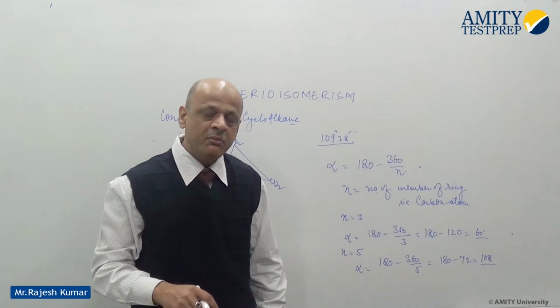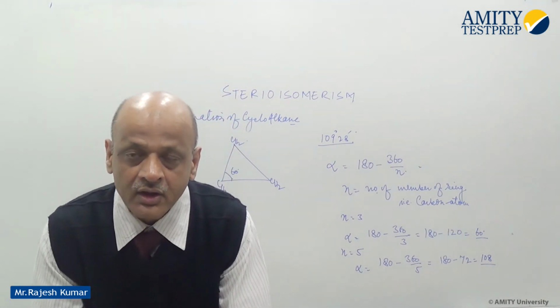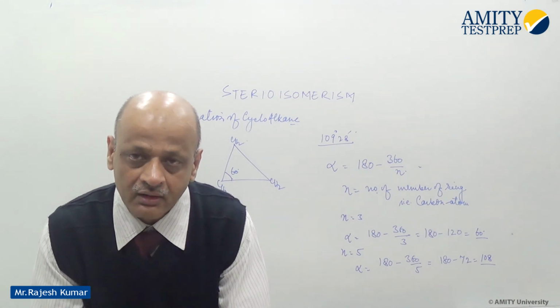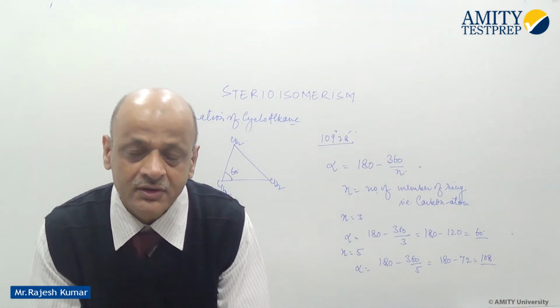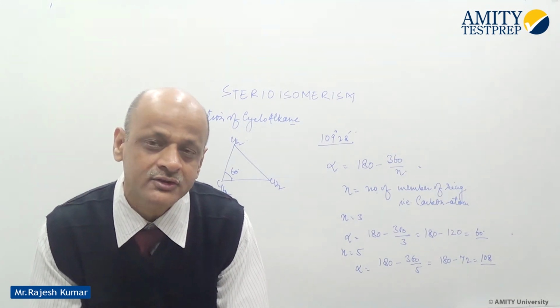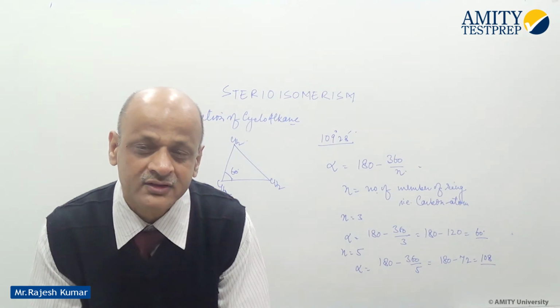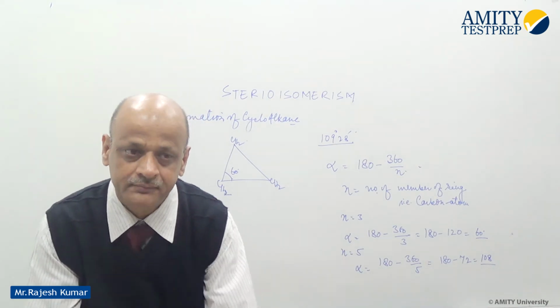So in the case of a 5-member ring, the bond angle is 108 degrees, very near the expected one, that is 109 degrees. That's why the 5-member ring was considered by Baeyer to be the most stable one. But he forgot to explain whether some bonds were strained or eclipsed or not.